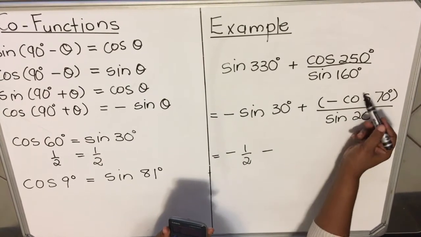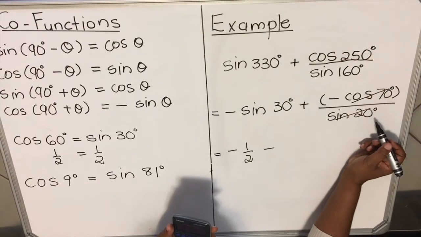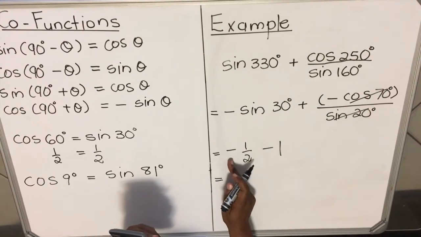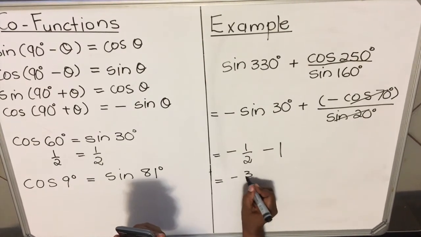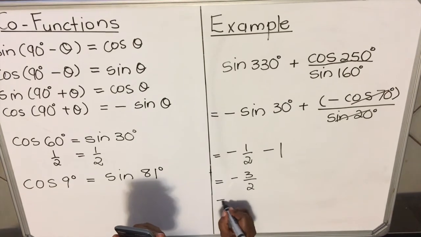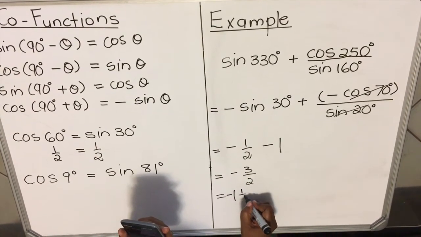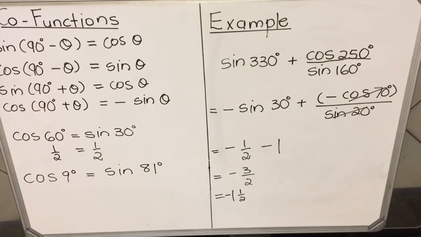So it means these two ratios are exactly the same. So they're going to cancel out. Then you're going to end up with a 1. So then you have negative half minus 1. You have negative 3 over 2, which is the same as negative 1 and a half. So you don't have to put it here, even if it's there, it's correct.